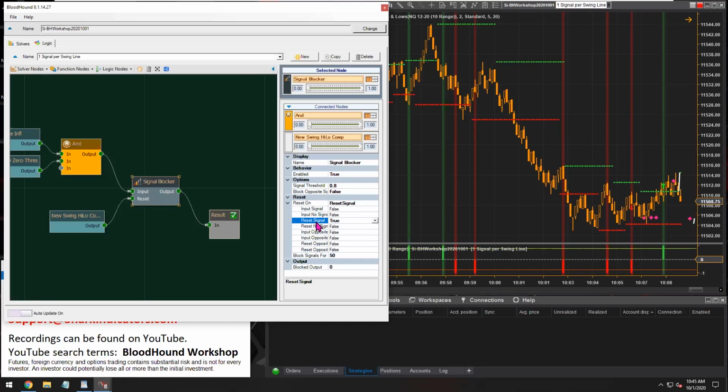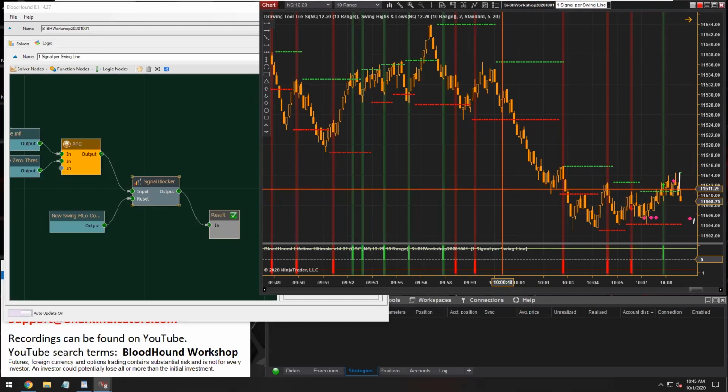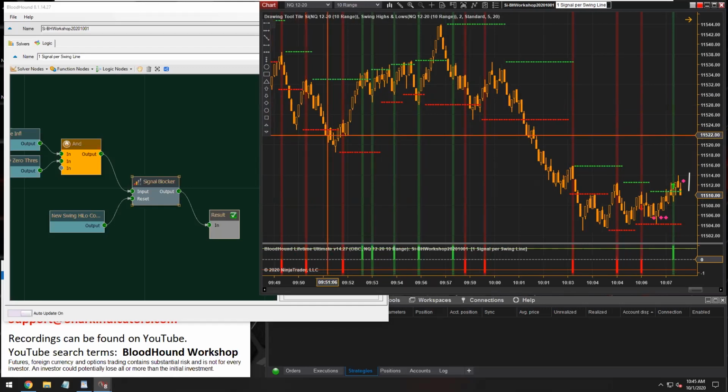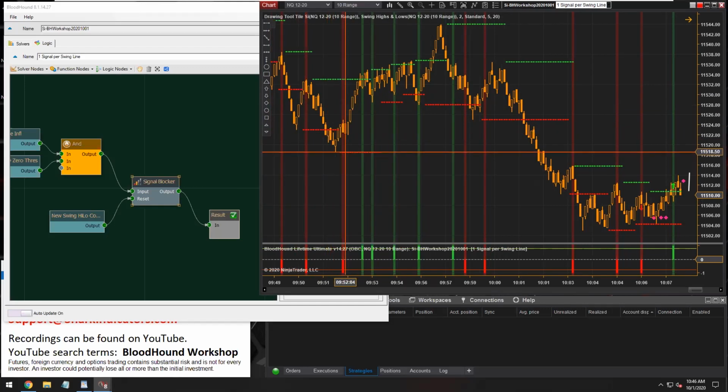I think that's the only one we want. And so let's scan through here. All right, so looking at this swing low here, we have a short signal. And then when we get a new swing low, we get another short signal. And there's no more short signals until we get another swing low, and then we get a short signal, and then there's no more short signals.